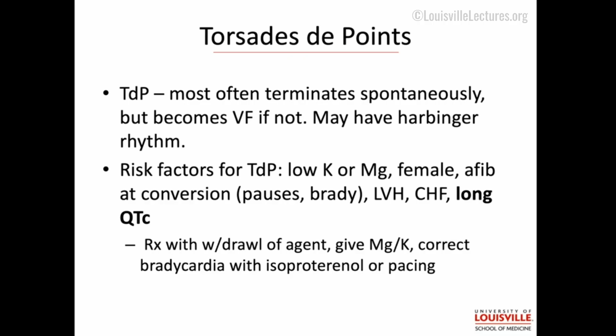This is a form of ventricular tachycardia, right? We were treating that by making the heart go faster. But torsade can often be pause or bradycardia dependent. So you want to shorten up that RR interval. That makes the QT interval also shorter and lessens the likelihood of going into torsade. So you either put in a temporary pacemaker and pace them fast, or we can sometimes give them isoproterenol, which will also increase their intrinsic heart rate.